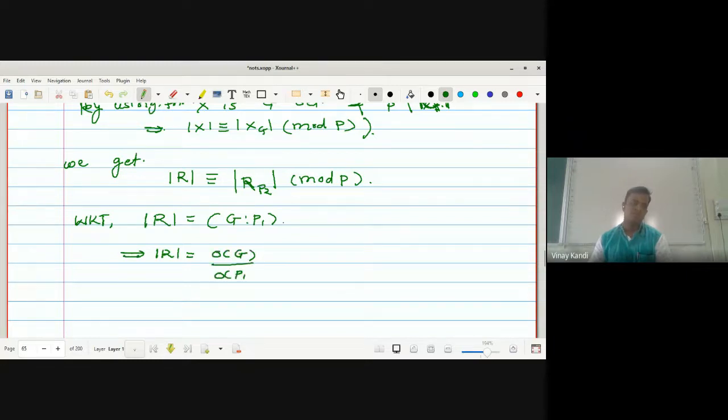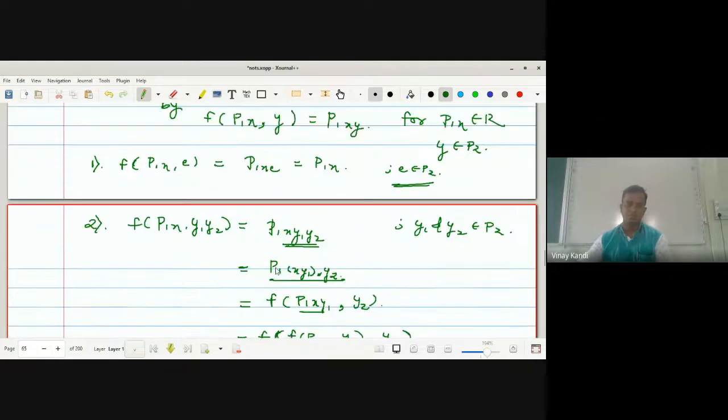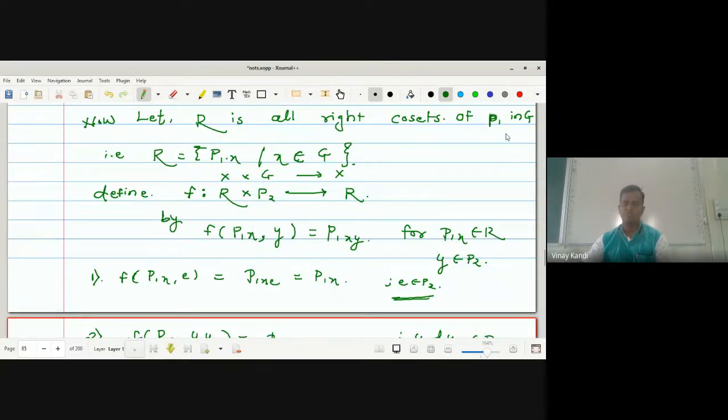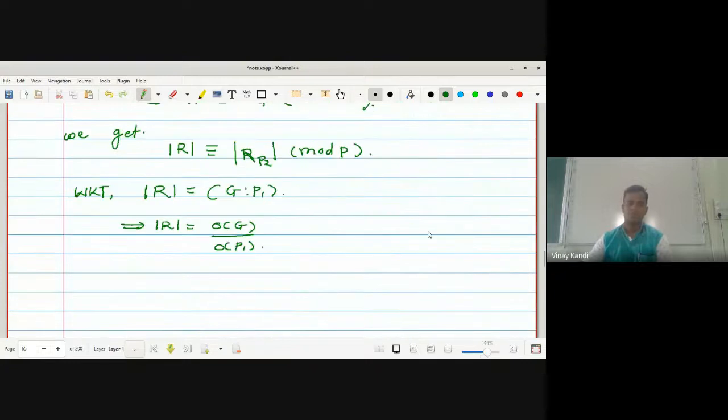R is the right cosets of p1 in G, that means order of R is equal to the index of p1 in G, which is order of G upon order of p1.